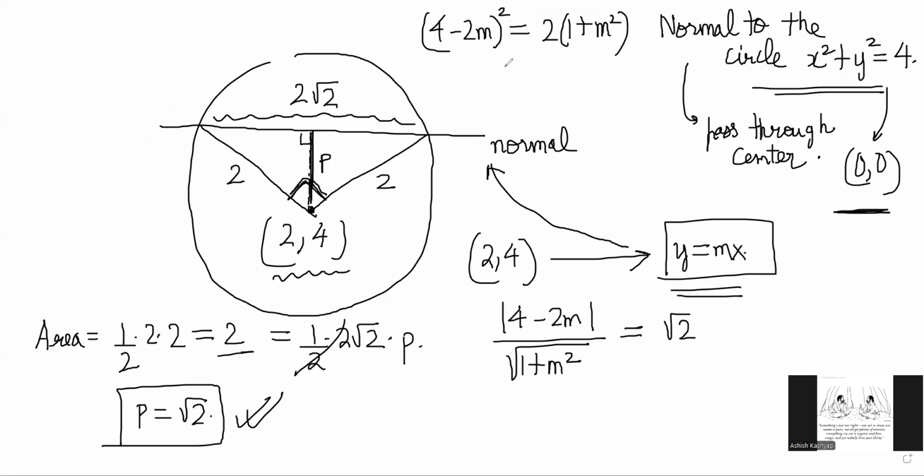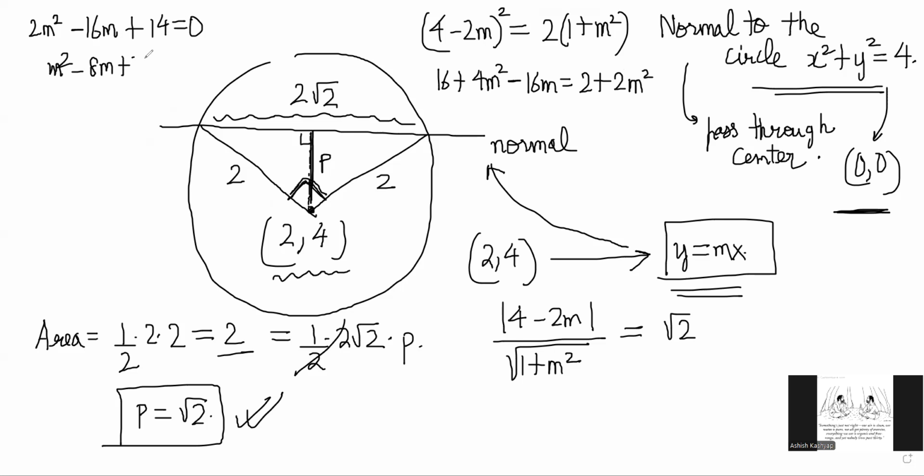And solving this equation, you will get basically 16 plus 4m square minus 16m is equal to 2 plus 2m square. So you get 2m square minus 16m plus 14 is 0, and m square minus 8m plus 7 is 0.